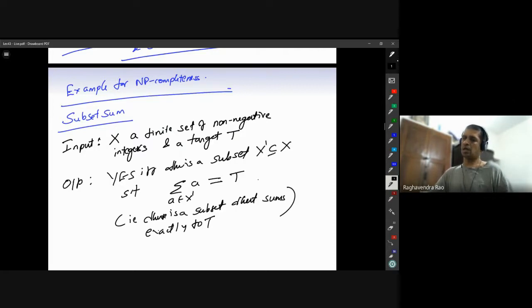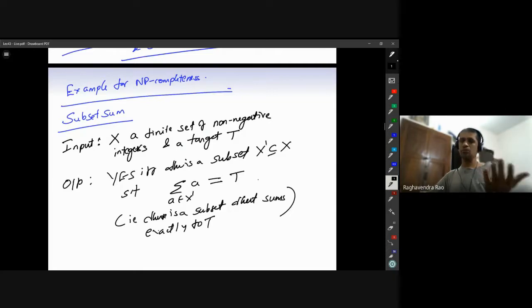A knapsack problem is you are given a set of weights or volumes of objects. Now you want to see what is the optimal. So given a target bound, a value of k, what is the optimal packing that you can do?